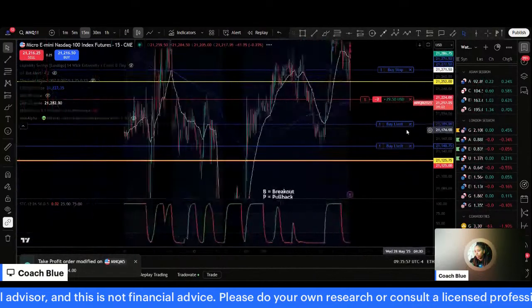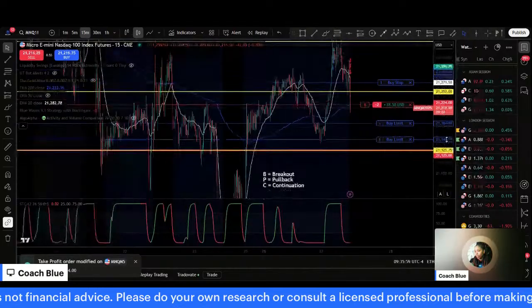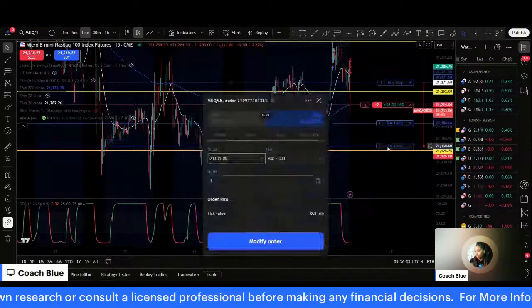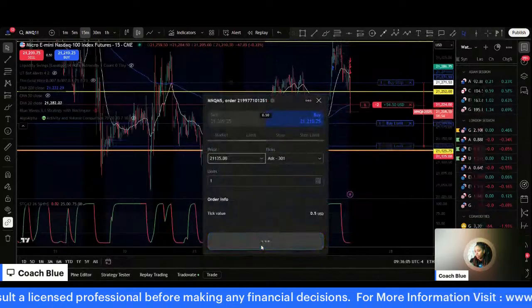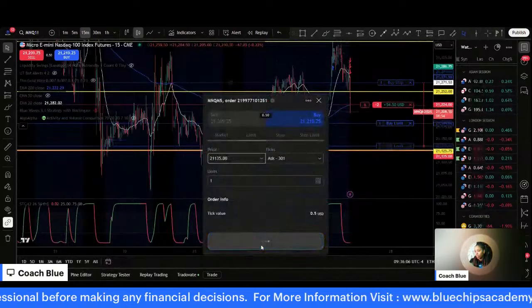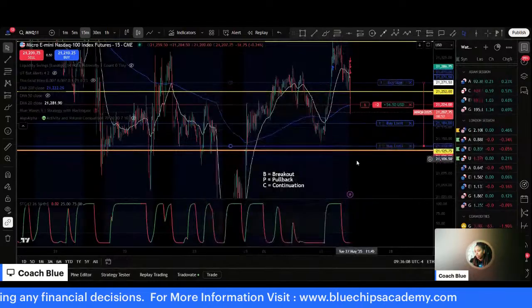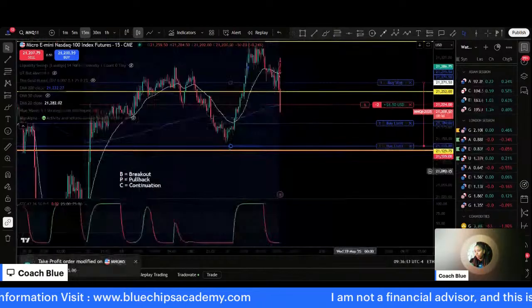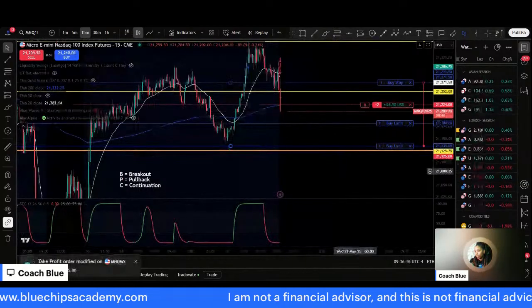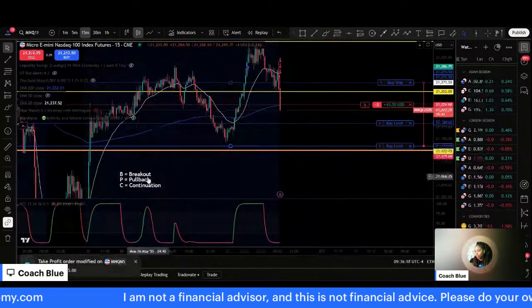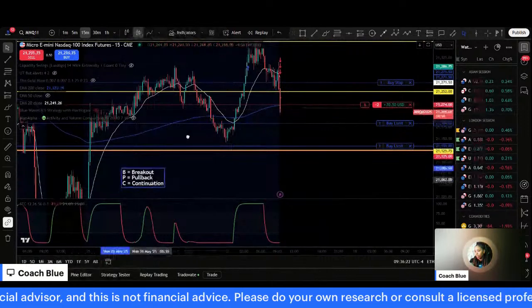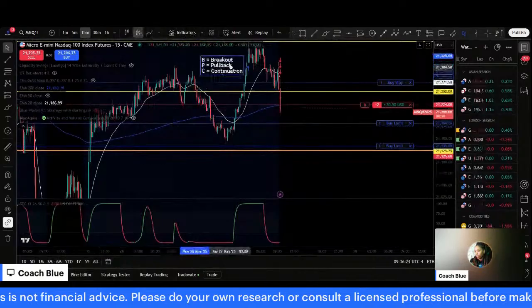And then TP2, let me zoom out a little bit, see what we got going on here. TP2 will be right here at 21,135. So those are my two levels. 21,184 and then 21,135. Let me type that out, and then I'm explaining the BPC in a minute.